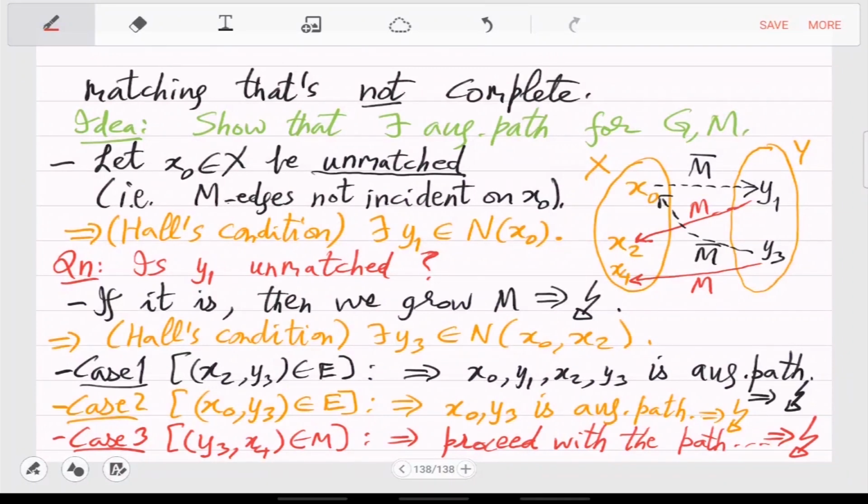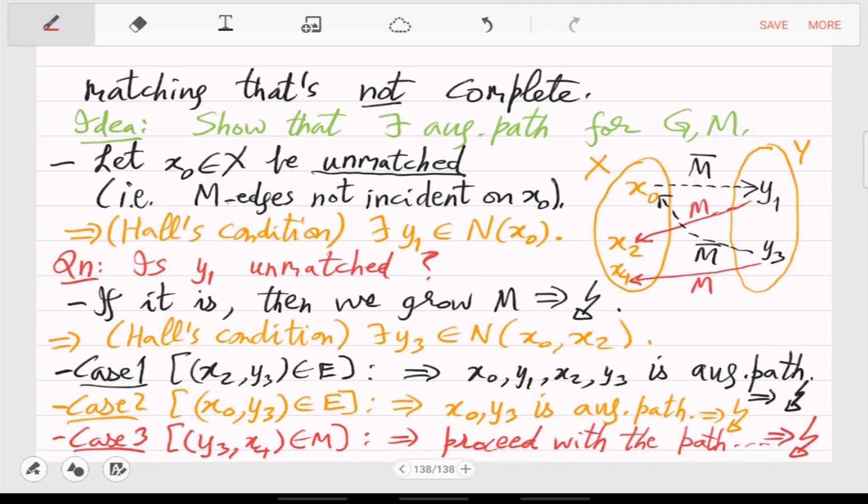Is that clear? Because it's a finite graph, so at some point you will reach a stage where you cannot go further, or you cannot go back to big X. So then you will be forced to use some other already seen xi, and at that point you have an augmenting path. So all the contradictions in the end are like case 1, case 2.